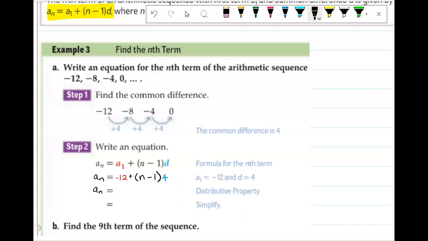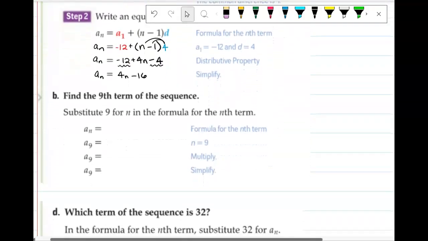We like to simplify this formula, so negative 12, the 4 will distribute, plus 4n, take away 4. And then we have some like terms here that we can combine. So we would say 4n minus 16 for our final arithmetic sequence formula. Now we can use this formula to find the 9th term.